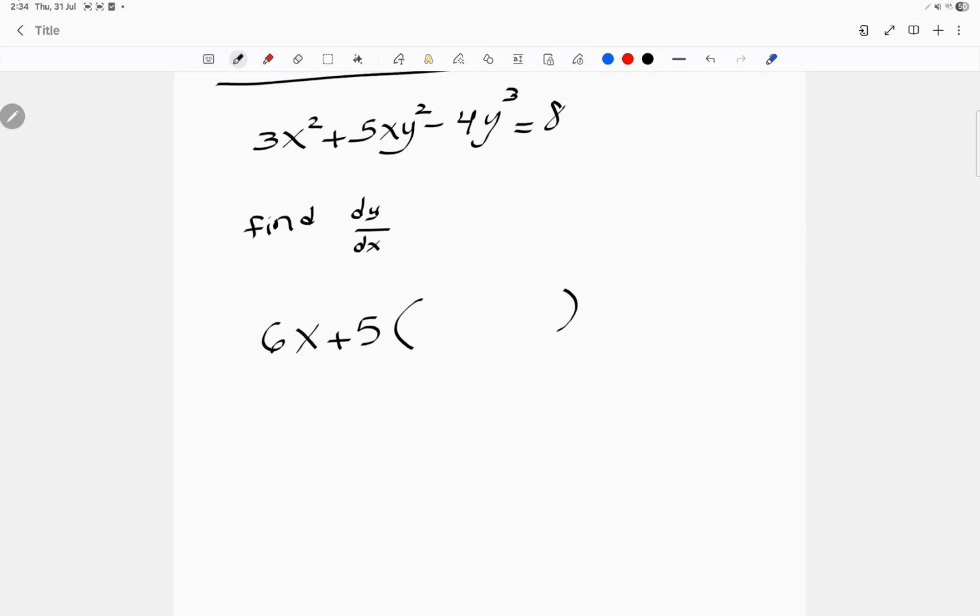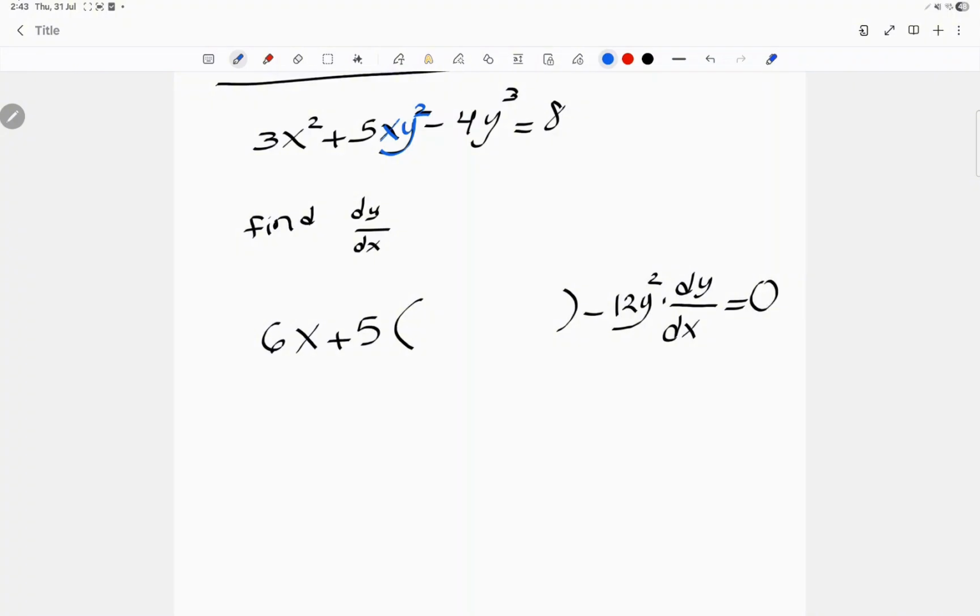Here you have to use the product rule because you have x times y squared. Okay? Minus 12y squared dy over dx is equal to 0. How about 8? A number becomes 0 when you differentiate it. Now, you just have to use the product rule to differentiate x times y squared.